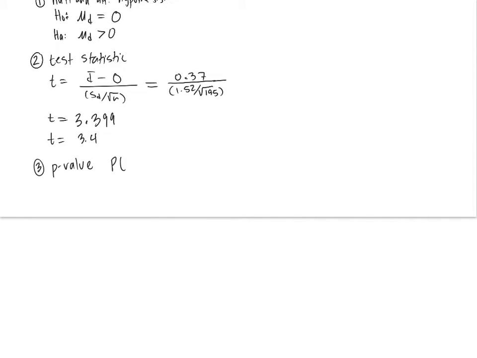So probability that our t is bigger than 3.4. So why did my inequality go that direction? Greater than? So it was the null hypothesis, right? Okay. So this probability tells us that our p-value, so what's the biggest t-value that's given in our table? 3.